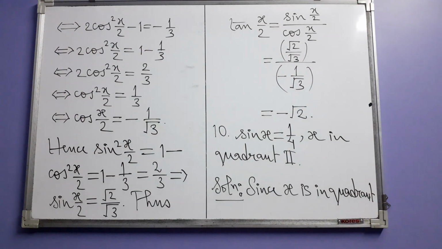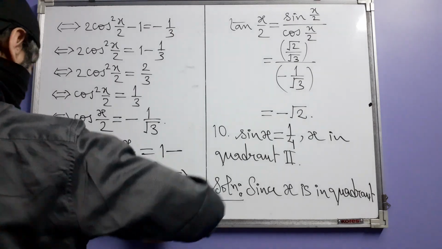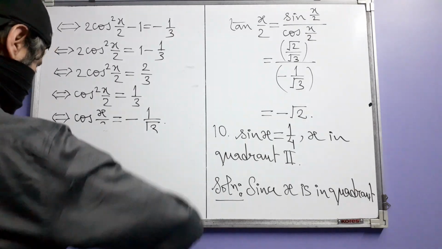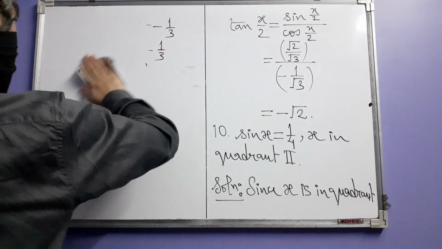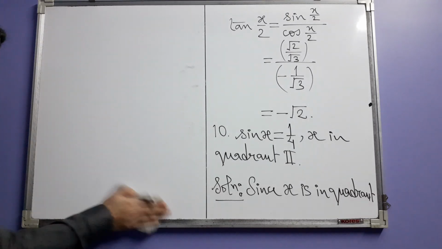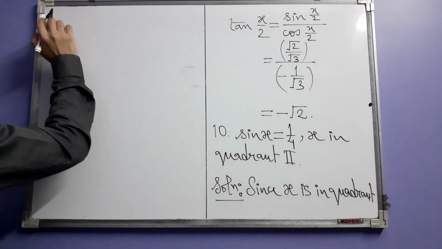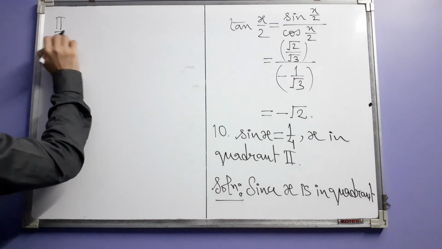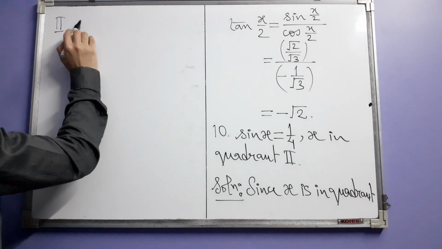Since x is in quadrant 2, so quadrant 2 means what?